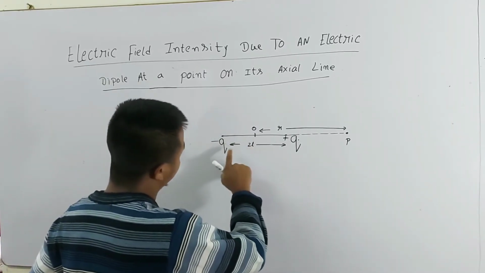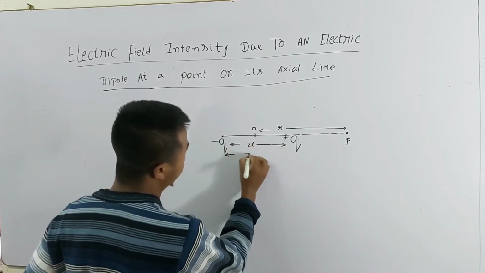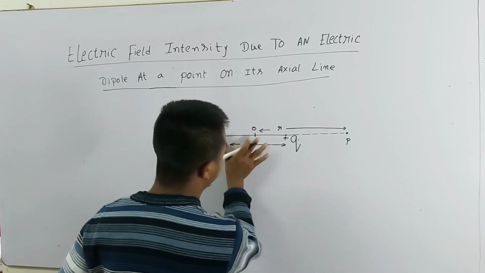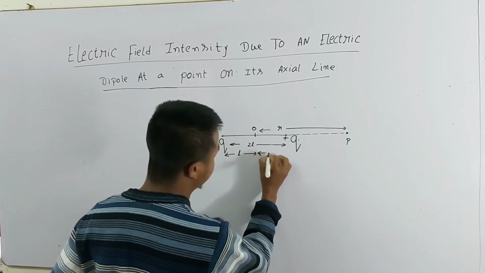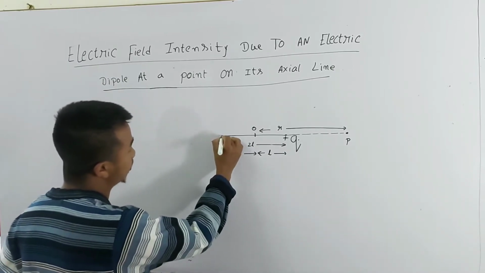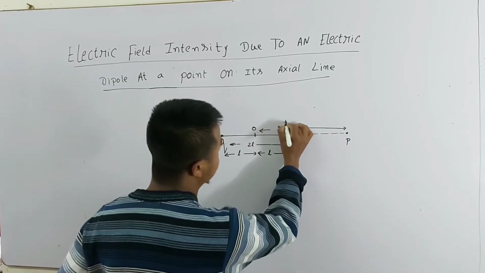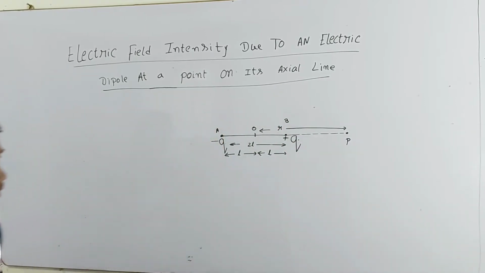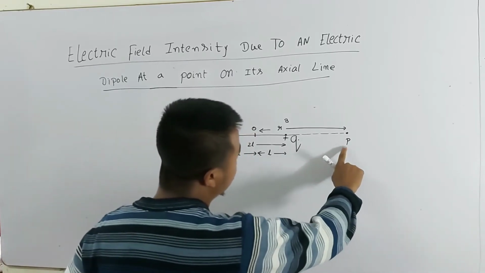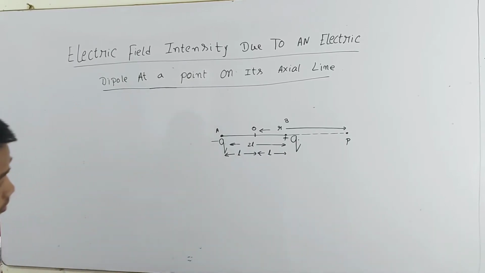From here to here is 2L, so half of it becomes L, and this one is also L. Say this point minus Q is at A and this plus Q is at B. Now, what is the electric field at point P due to minus Q?